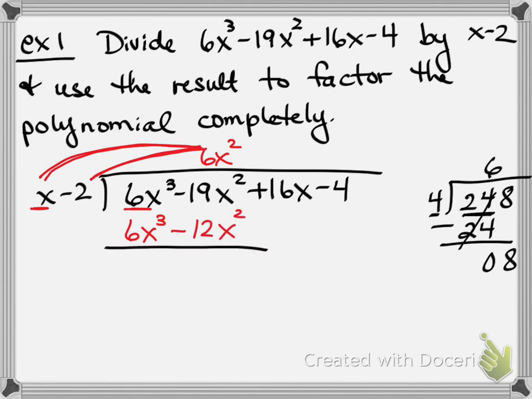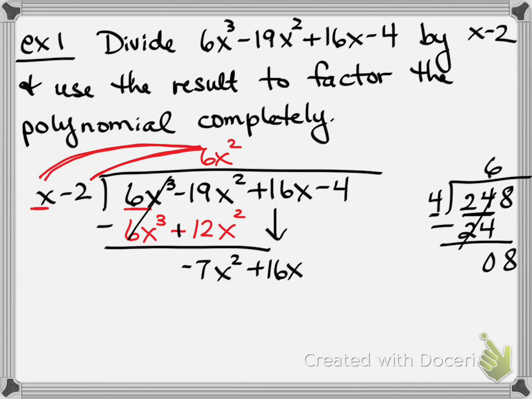And then you draw the line and you change both of these signs because we're subtracting both of those terms. And when you do it this way, you'll hopefully remember your sign. These cancel every time. And negative 19 and positive 12 is negative 7x squared. Then you bring down your next term.